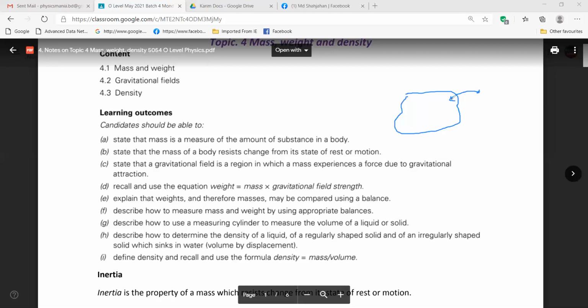So the region or the place where any object, any mass experiences gravitational force, that is the gravitational field. Outside this region, you will not feel that experience. Is it clear now? Where does that force come from?